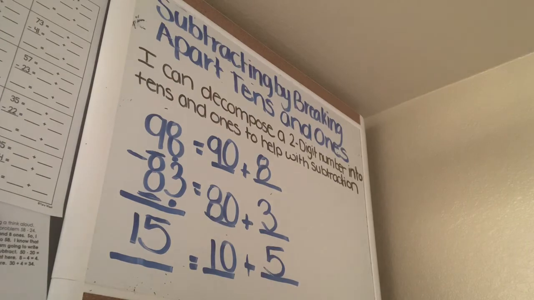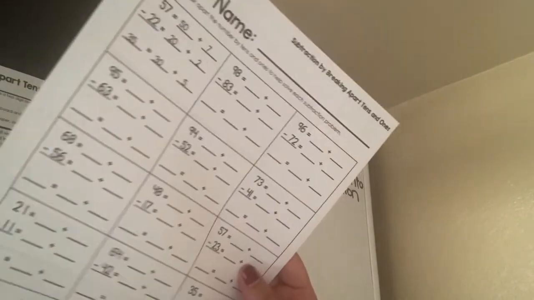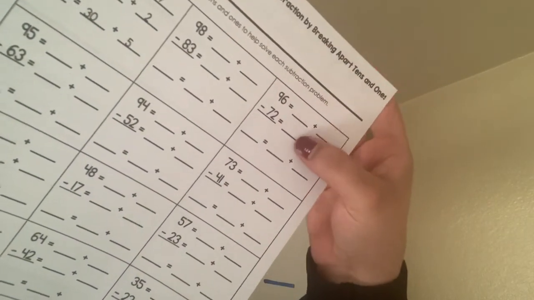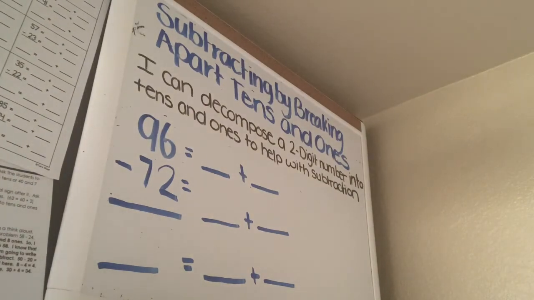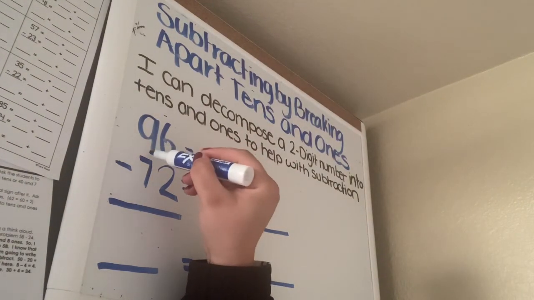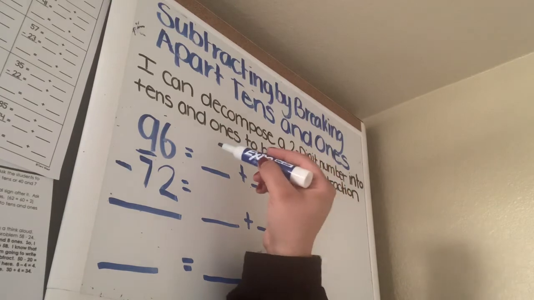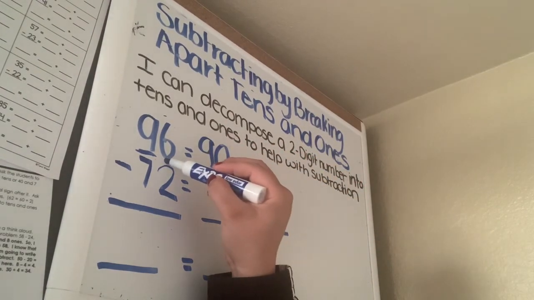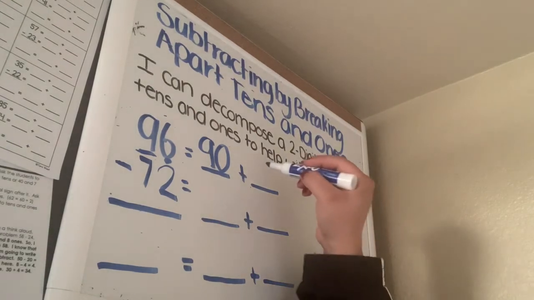Now let's do another problem. The next problem we are going to do is 96 minus 72. So how many tens are in the number 96? 9. And what is the value of 9 tens? 90. Good job. Now, how many ones do we have? 6.